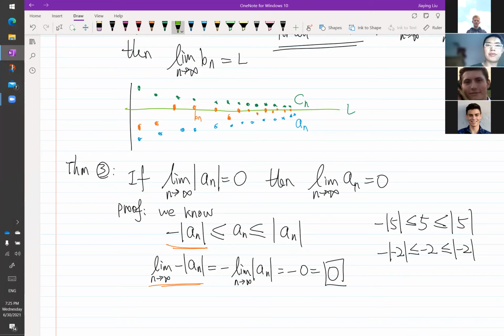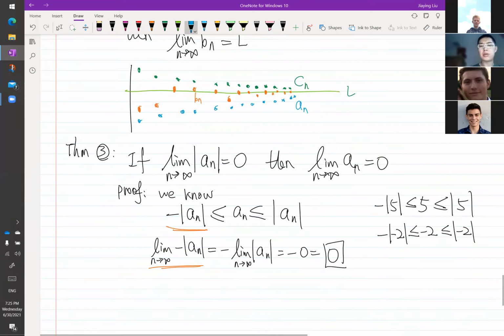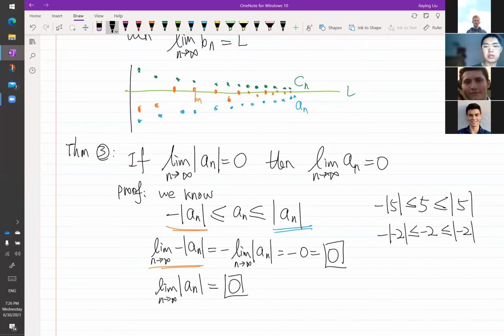What about the highest value, the right part? The absolute value of an, what is the limit? The limit of the absolute value of an as n goes to infinity, that part is given, that's always 0.